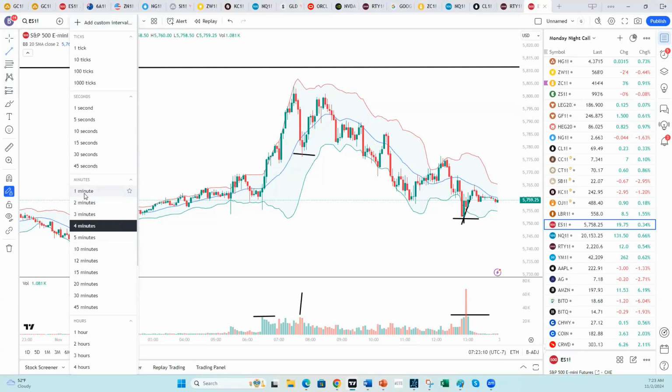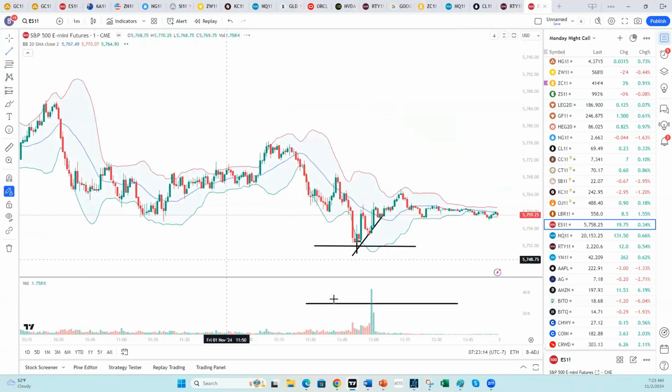In this case, I want to be a buyer on this spot right here. So I have to go to the 1 minute and wait for an uptick, which did come. A green bar appeared, which then gave me the trigger to buy. Perfect. That's all I'm waiting for, a confirmation that the market looks like it's going to reverse, because that is actually what we are trying to play, a market reversal.